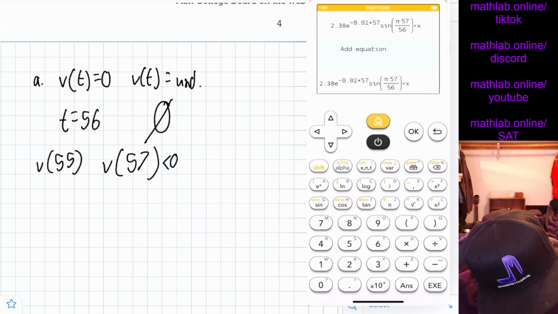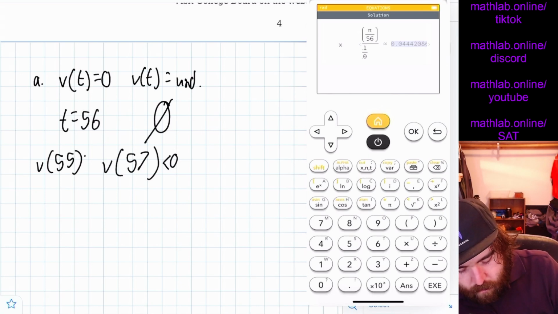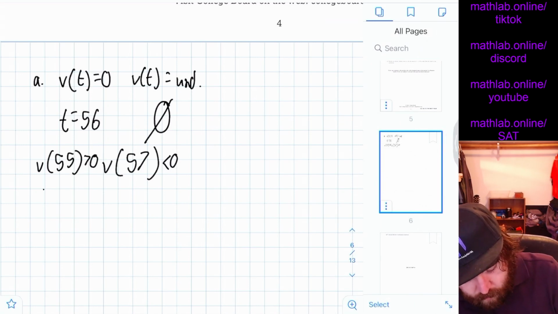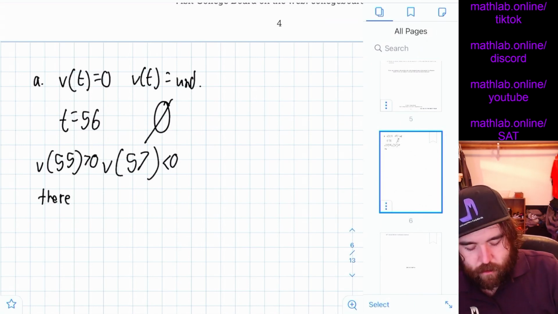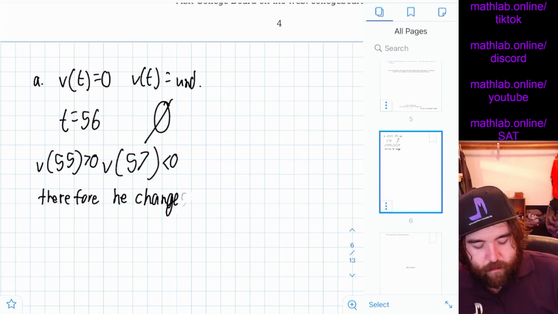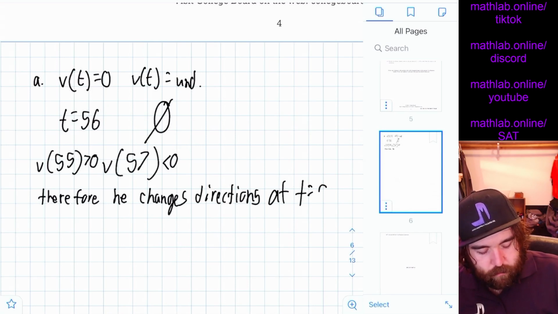So when we change that to 55, it is greater than 0. Therefore, he changes directions. Oh, did he go there and back? I thought they were to make it sound like he went one way. Therefore, he changes directions at t equals 56.